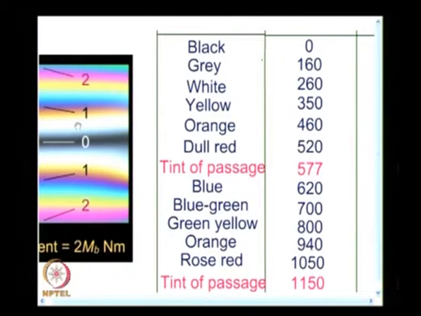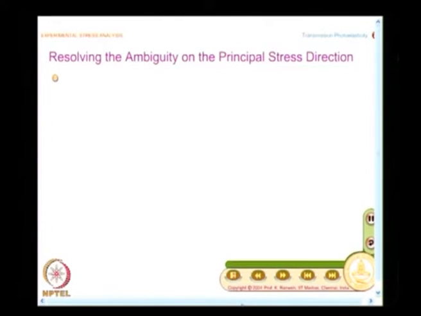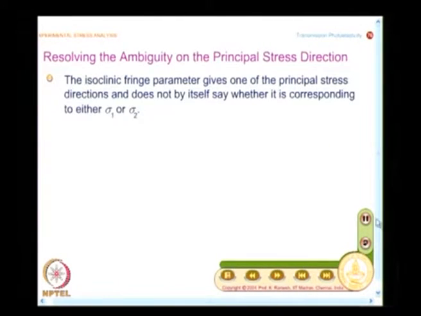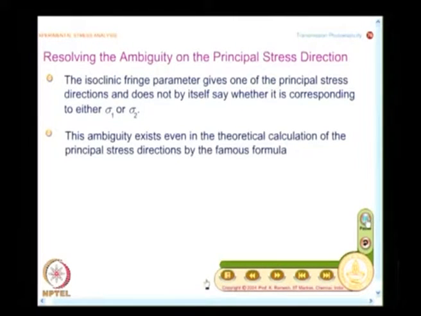And we are going to take up a very important topic, which I had said earlier also, that when you are actually finding out the principal stress direction, photoelasticity gives you sigma 1 minus sigma 2 as well as the principal stress direction at the point of interest.